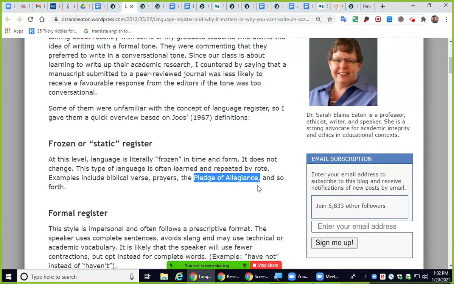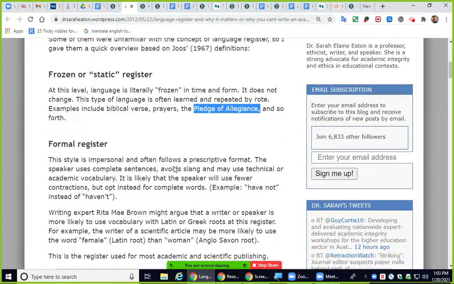Whether you say it or not every day, you know it because we have practiced it so many times. Those who are religious, we have certain prayers, and it's different by different religion, of course. But those of us that are Christian or Catholic, we all know the Our Father who art in heaven, hallowed be thy name. And those are just things that you say over and over again, and you learn them because they're practiced and they never change. So keep that in mind.